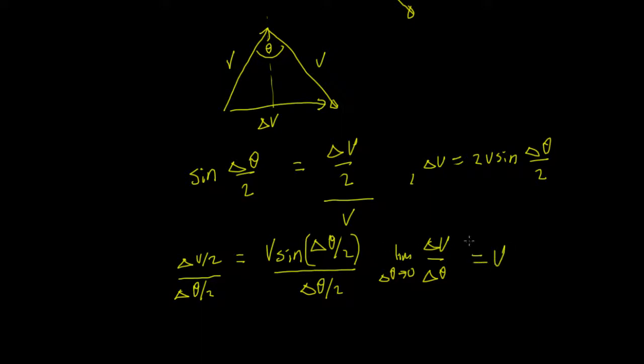So dv by d theta would equal v, which is what we required.